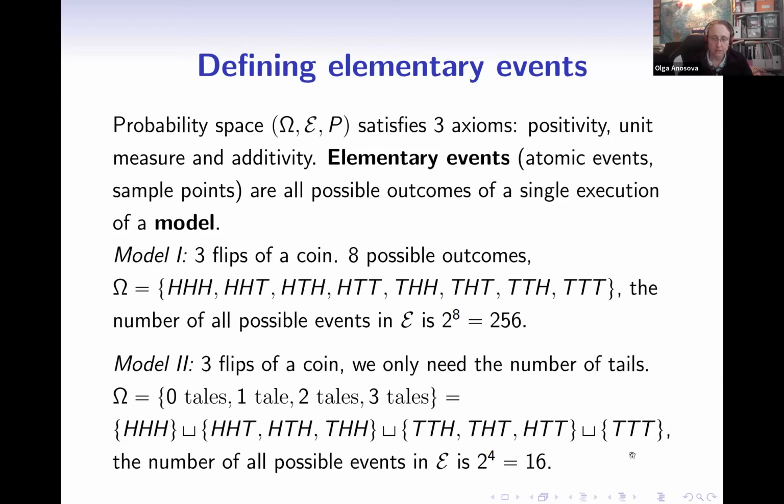So you see, even in the same experiment, we can get a different cardinality, or a different number of all possible events. And that is why, even if the experiment is the same, it's so important to see how we define our model and what we are interested in.